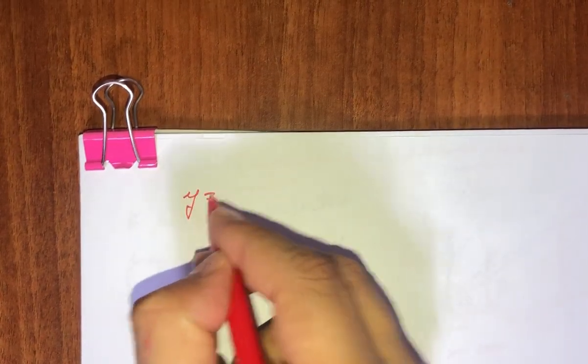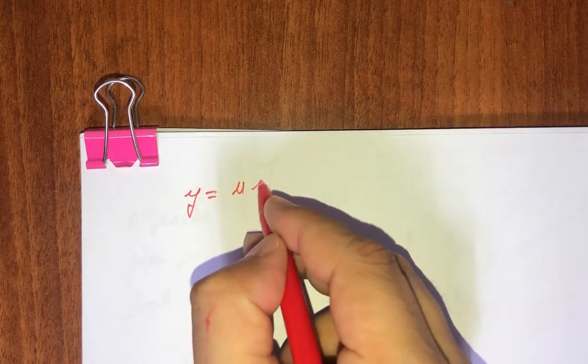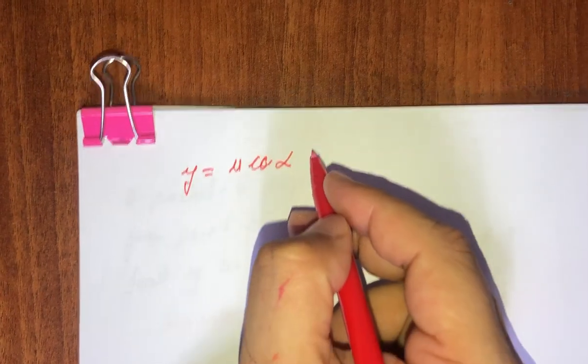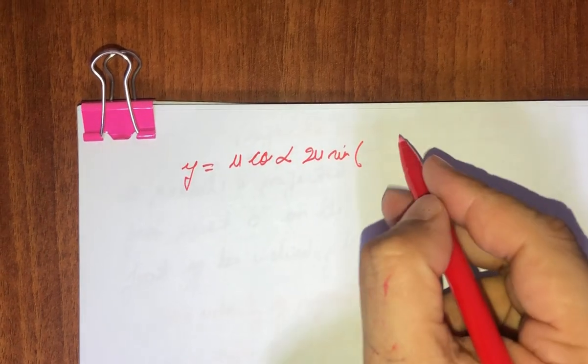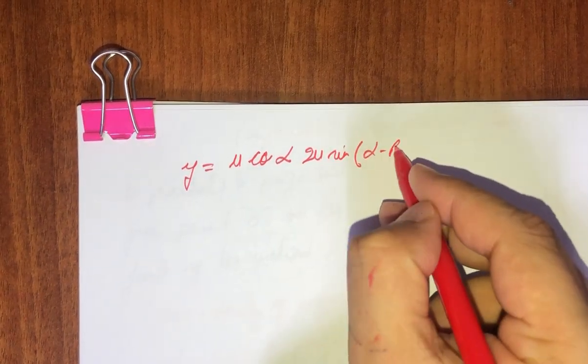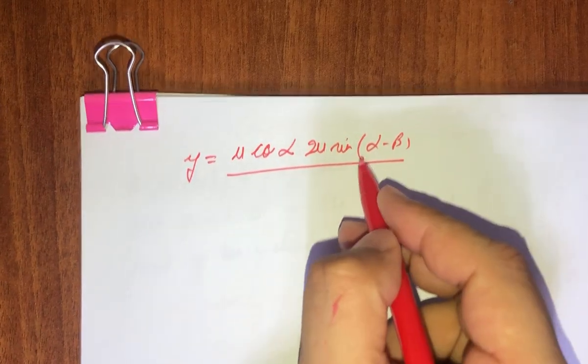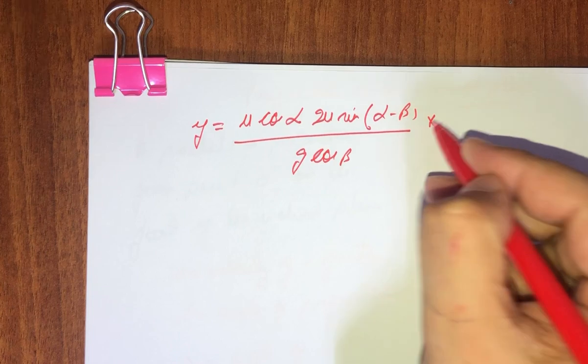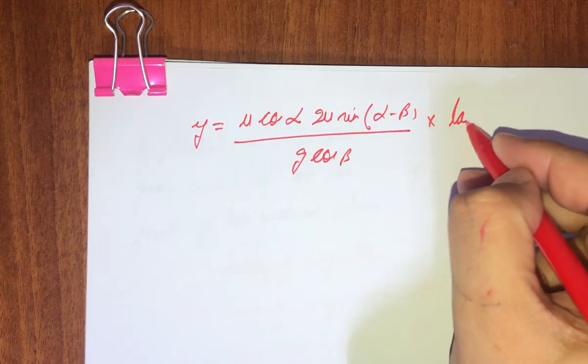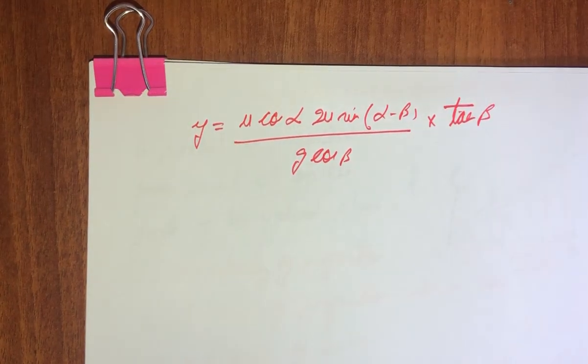So we already know the value of x. So we can write that y is equal to u cos alpha multiplied by 2u sine alpha minus beta divided by g cos beta into tangent of beta.